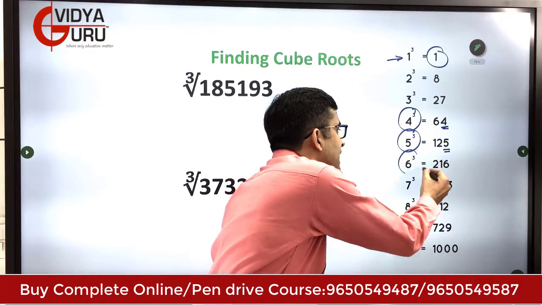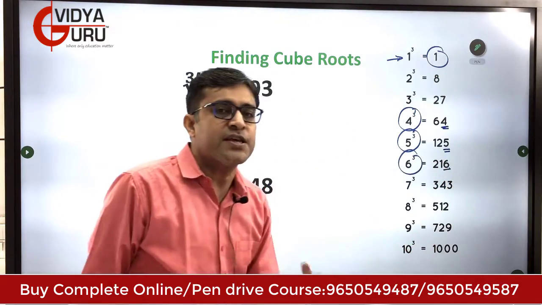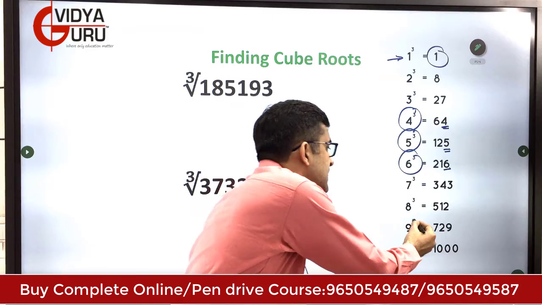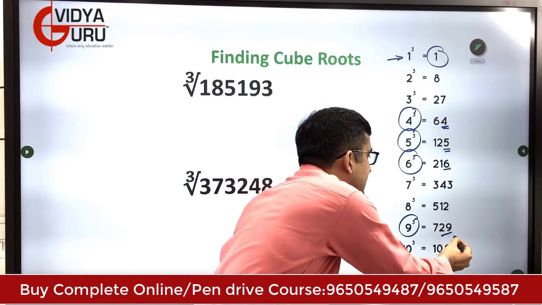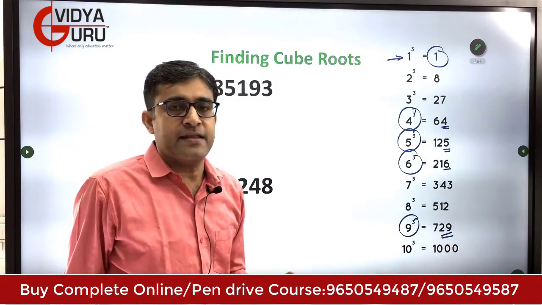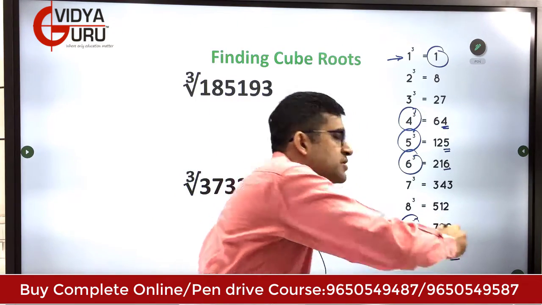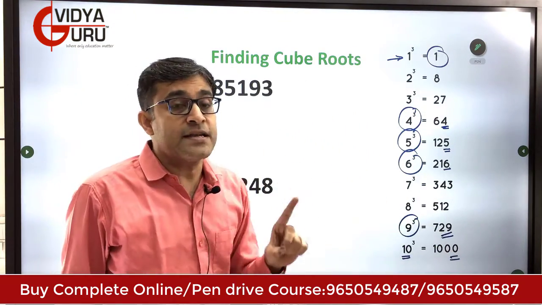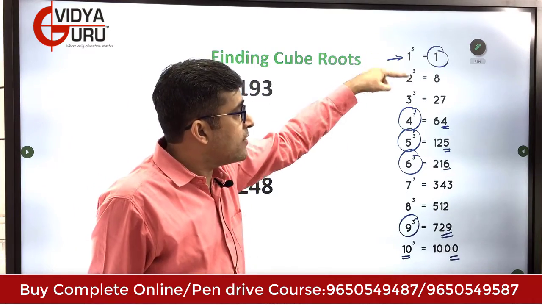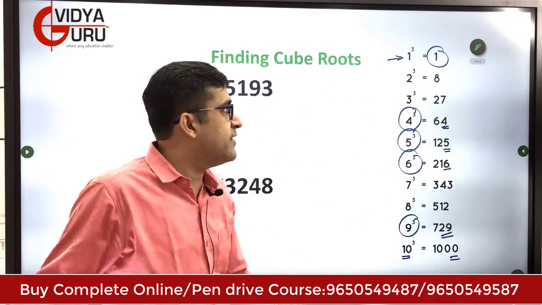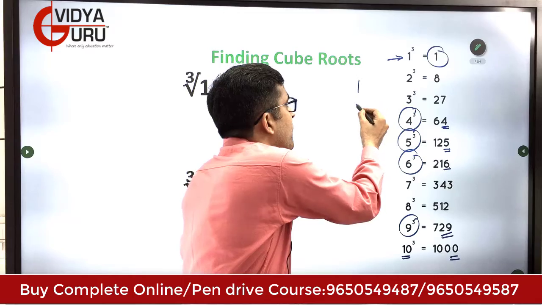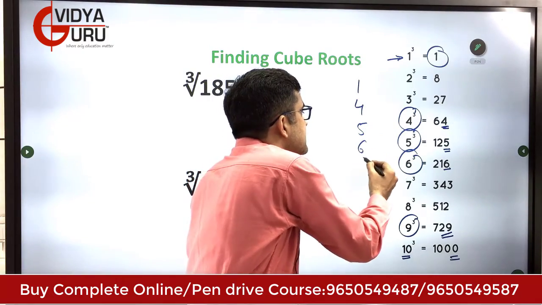Similarly, 6 cube ends in 6, and 9 cube ends in 9. And of course, you understand 10 cube ends in 0. The important digits are, students, 1, 4, 5, 6, 9.